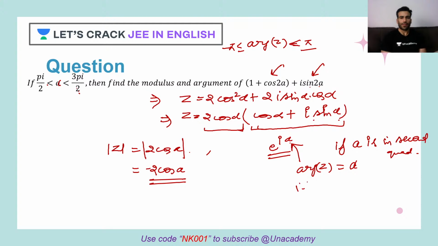But if this A is in the third quadrant, now tell me what will happen to the argument of z. In the third quadrant, both cos alpha and sine alpha will be negative. If both are going to be negative, what will you see?